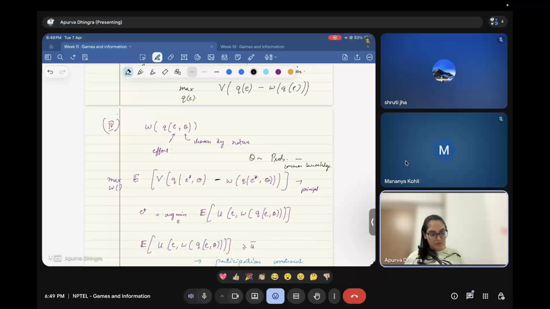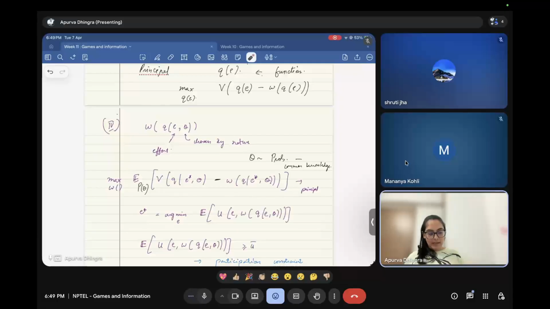Once we take an expectation over all of that with respect to theta, let me just call it p of theta, and maximize that over the wage, what we get here is the utility for the principal.